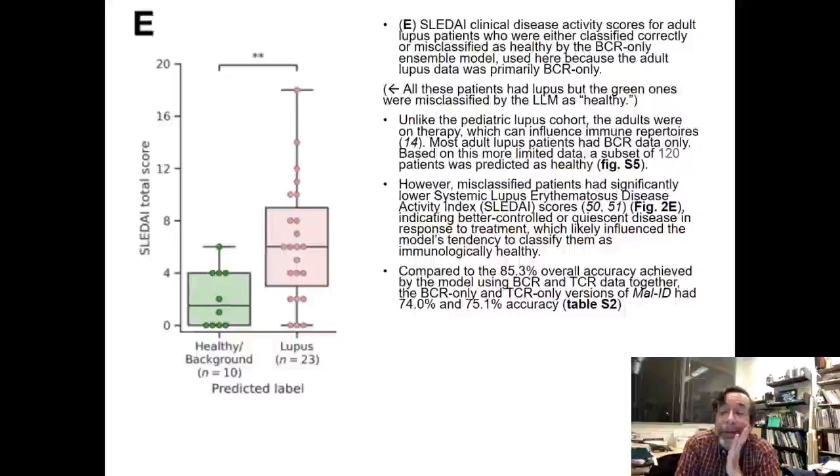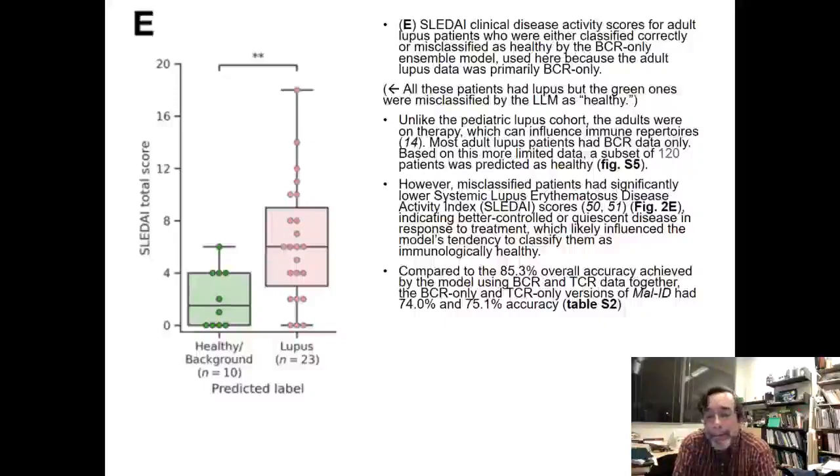It's possible that the treatment resulted in B cells that were more normal, and therefore the computer, which was only looking at the B cell receptors, had trouble finding them because their treatment had reversed it. And this also is something that would happen more for adults than for children. And that's what they saw. They saw this direction of misclassification in adults rather than children.